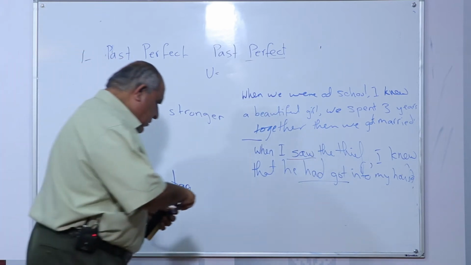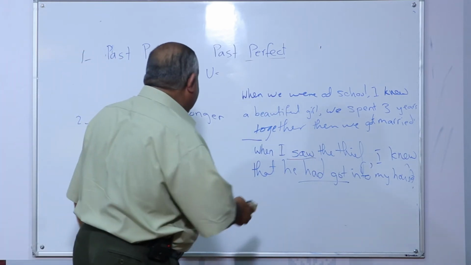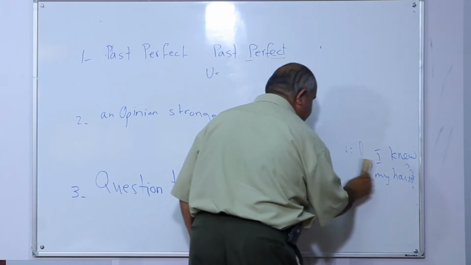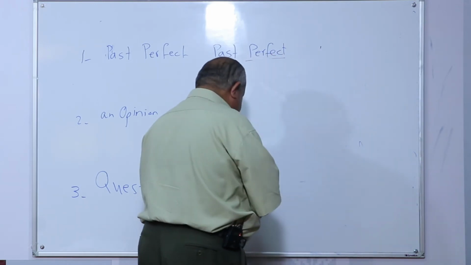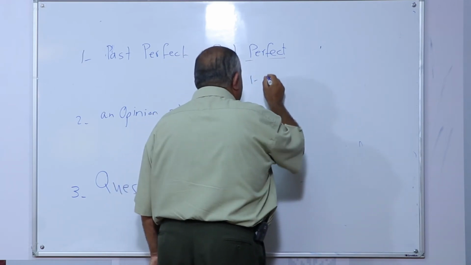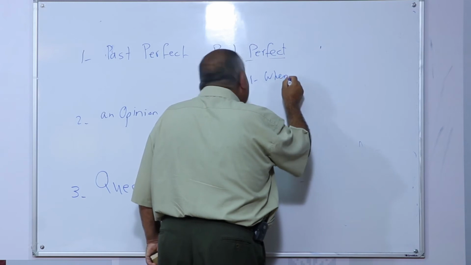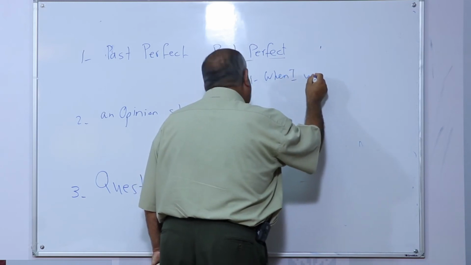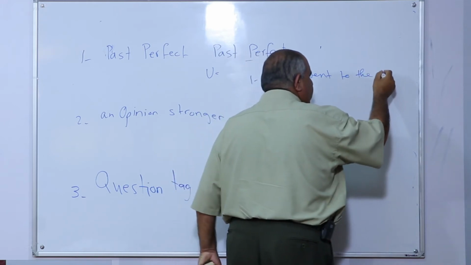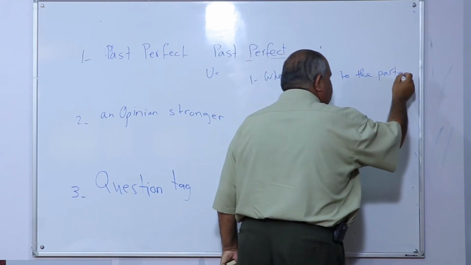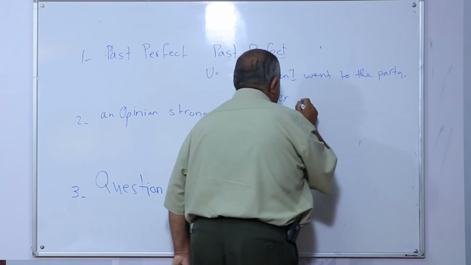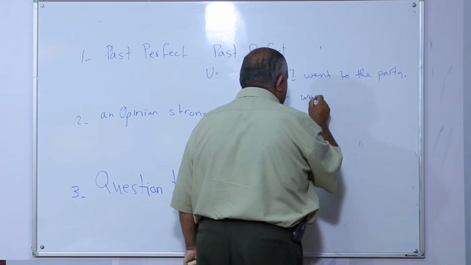Therefore, we can compare between sentences and the different meaning of sentences like this. Number one, when I went to the party, Peter went home.